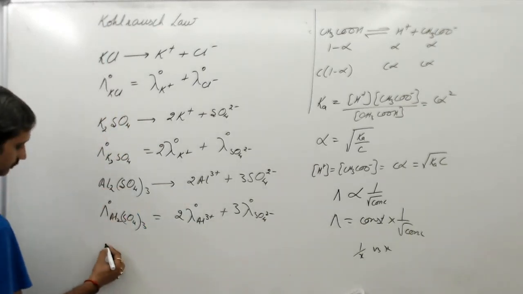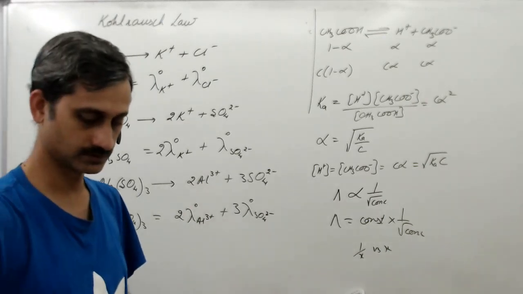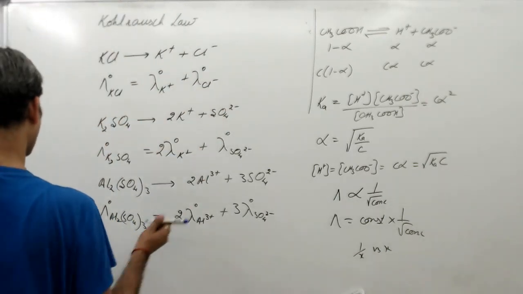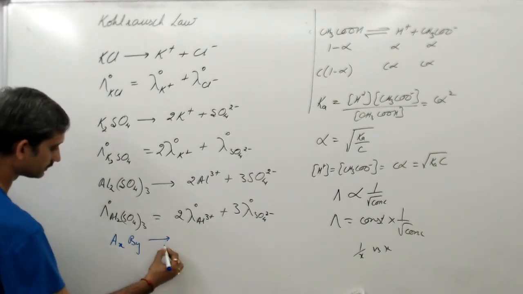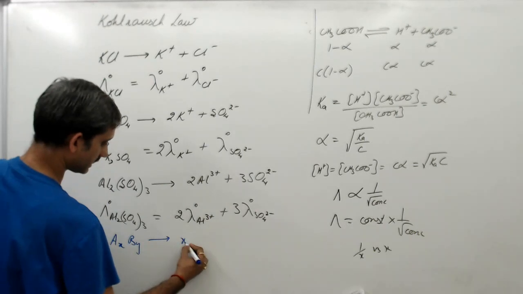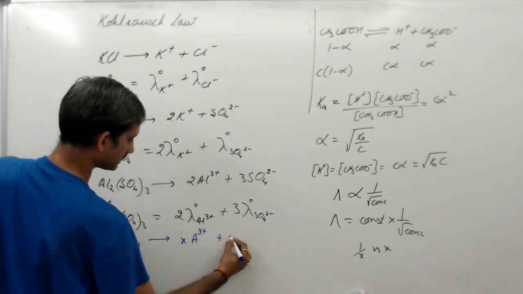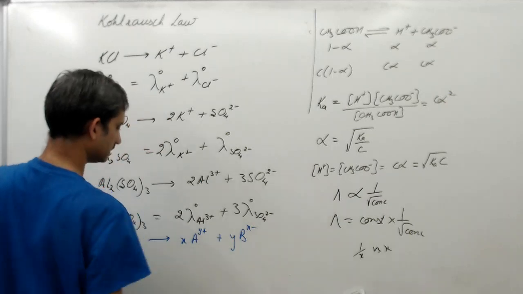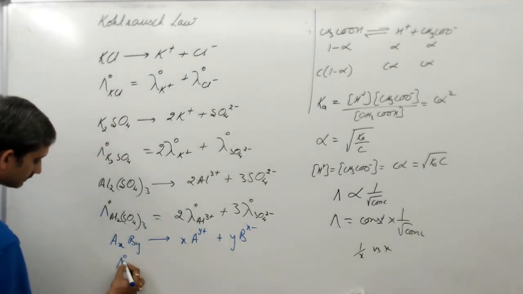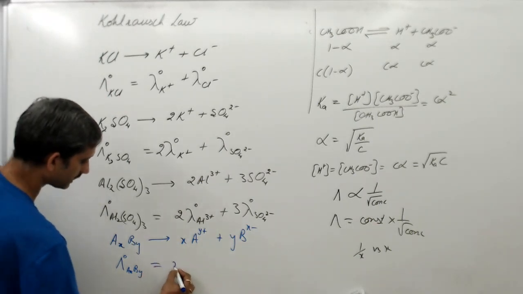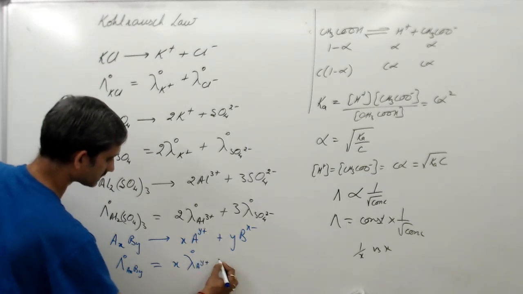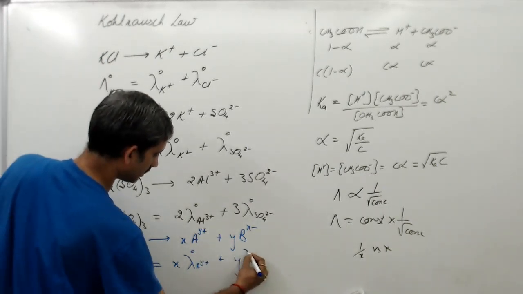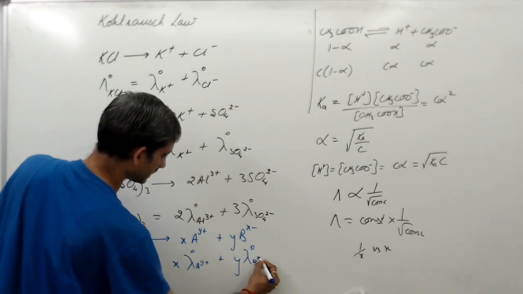So if we have an electrolyte written as AxBy, which gives x of A y plus and y of B x minus, then lambda naught of AxBy would be equal to x times lambda naught of A y plus plus y times lambda naught of B x minus.